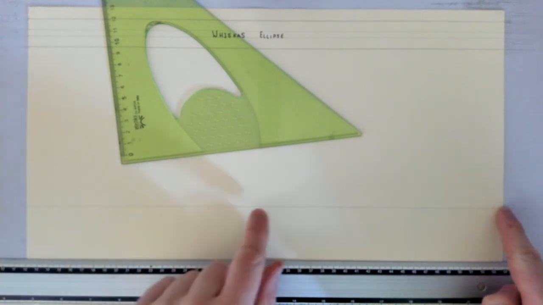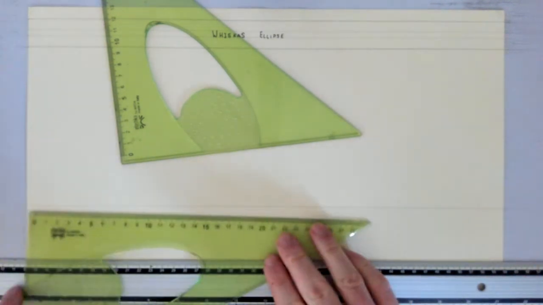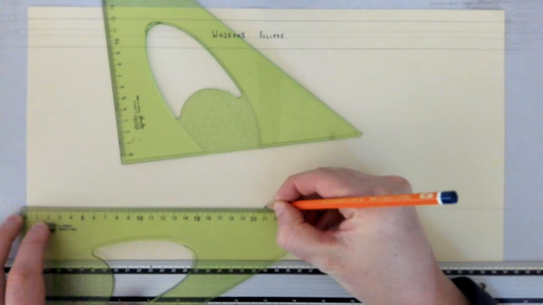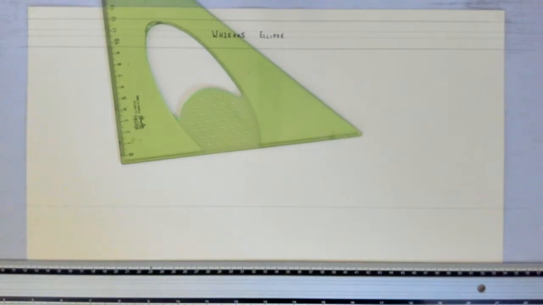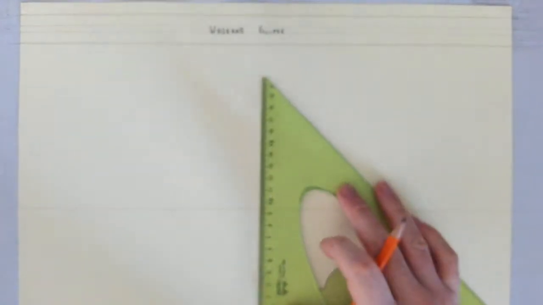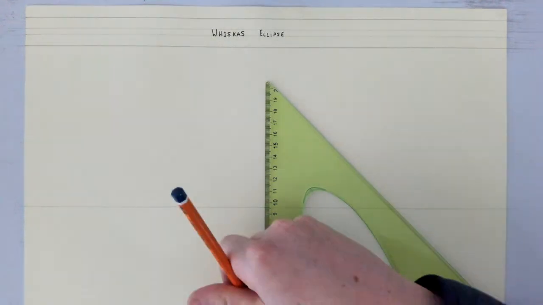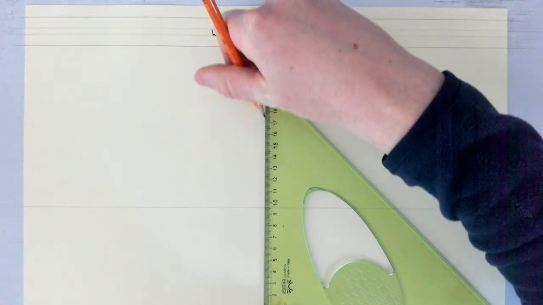So if I want my circle to be bang in the middle of the page here, I'm going to measure in 210. Okay, so that's the center of my page here. And I'm just going to draw a vertical construction line through that as well. Okay, so that's going to be the center point of both of my circles.